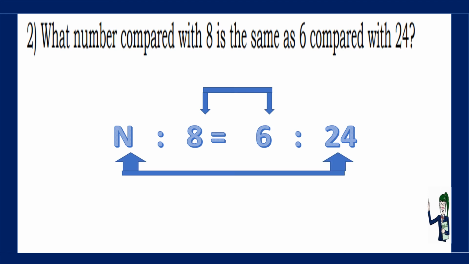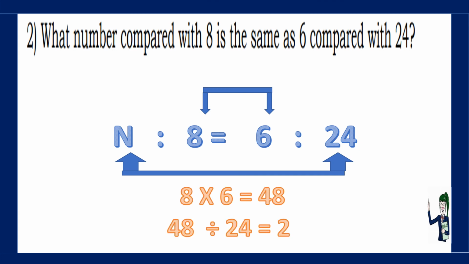The complete parts are the means, so 8 times 6 equals 48. Then 48 divided by 24 equals 2. So the missing number is 2. So the number 2 compared to 8 equals 6 compared to 24.